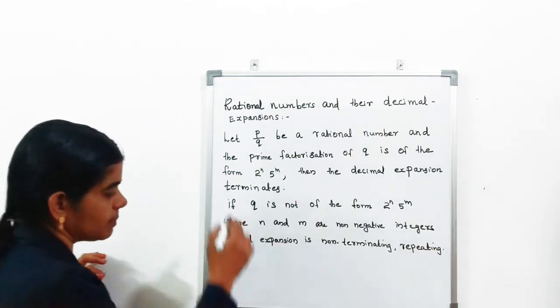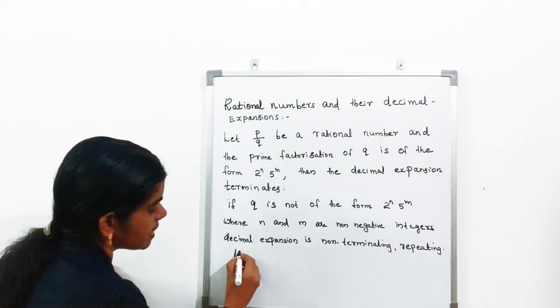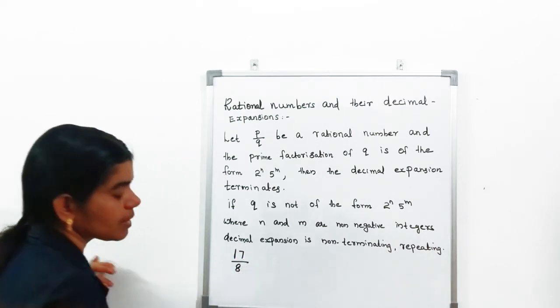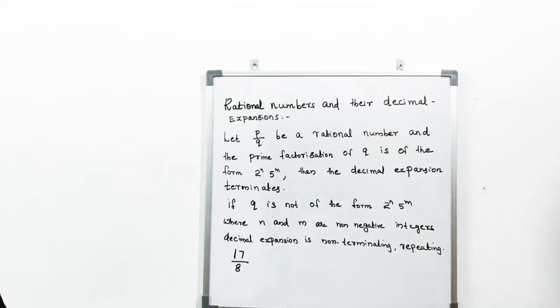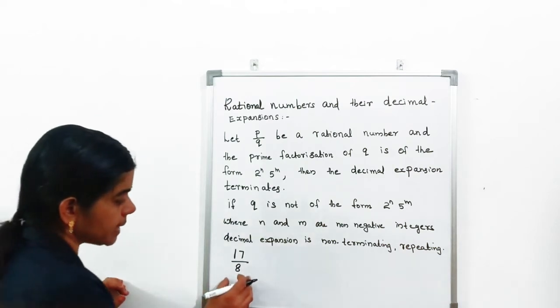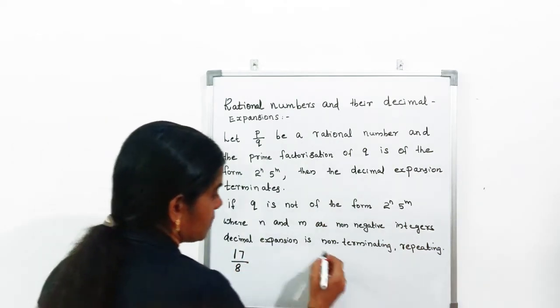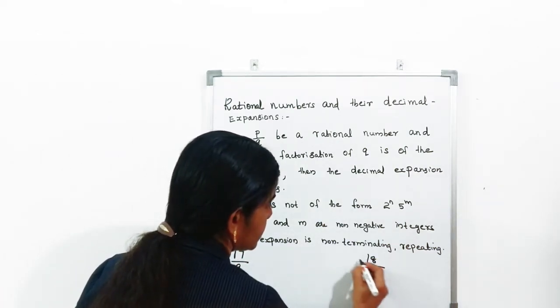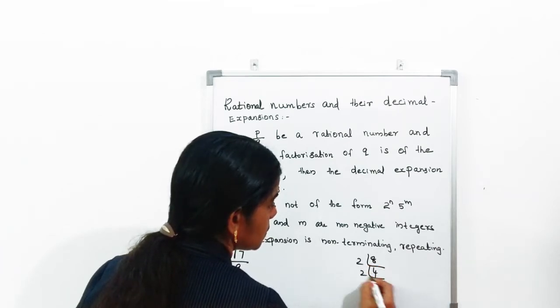For one example, I am writing 17 by 8. You want to find out whether this decimal expansion is terminating or non-terminating repeating. You want to look at the factors of 8: 2, 2, 2.